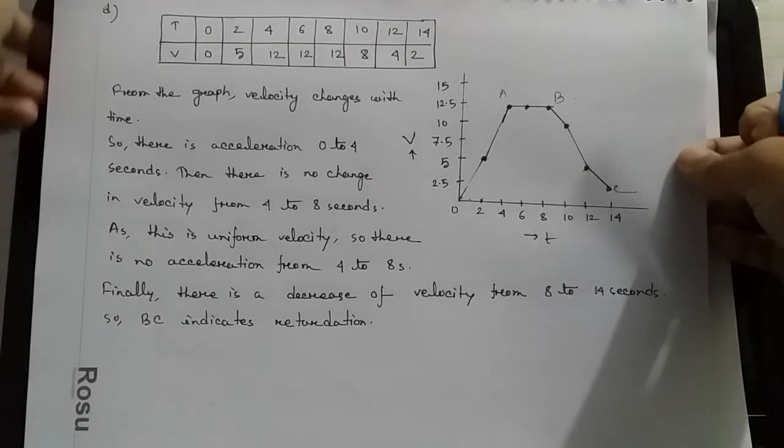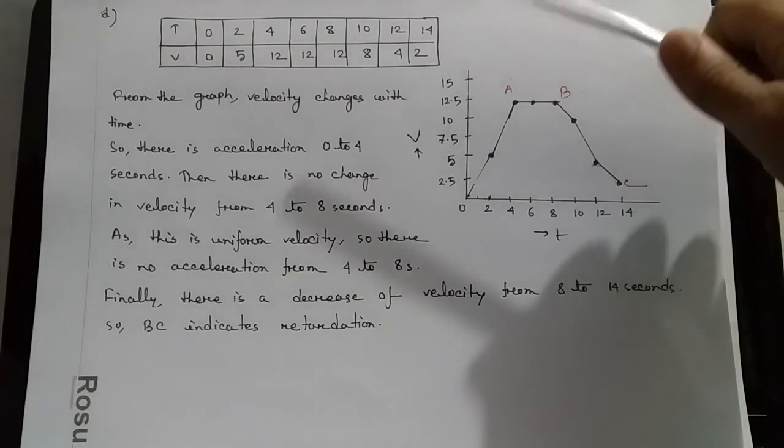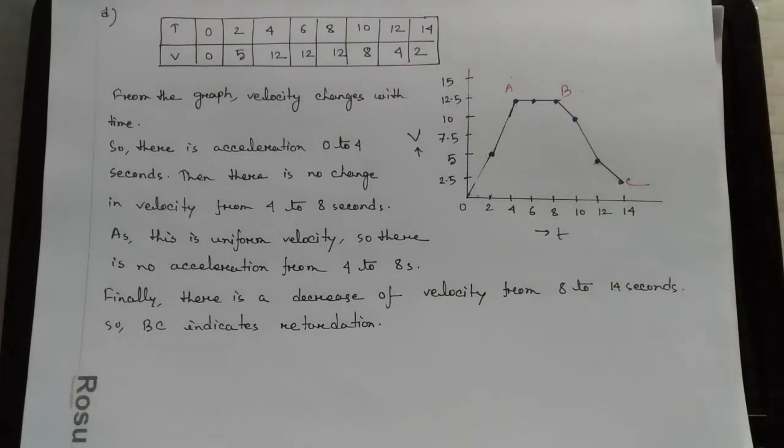So at first we follow the list, and then we make a graph from it. Listen, boys, on the x-axis we put the values of time t, and on the y-axis we put the values of velocity v.